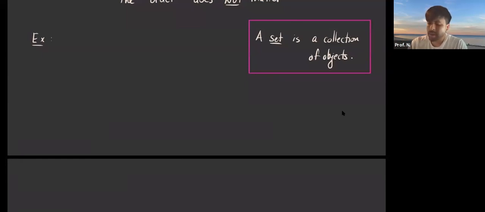I'm mentioning this because I have a set of letters. We're going to deal with a set of 5 letters, and we use notation for sets. We use curly braces to create a set, and this set has the letters A, B, C, D, and E.